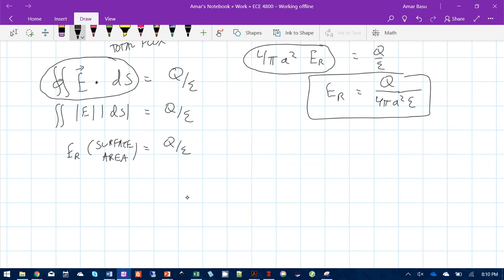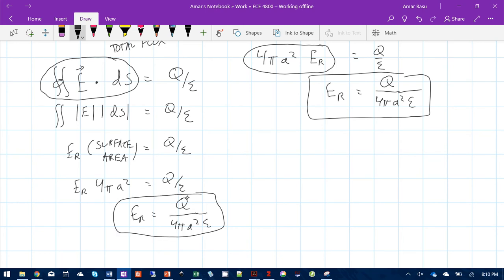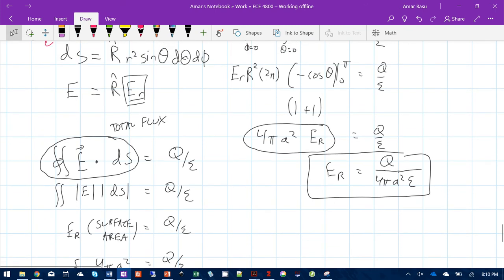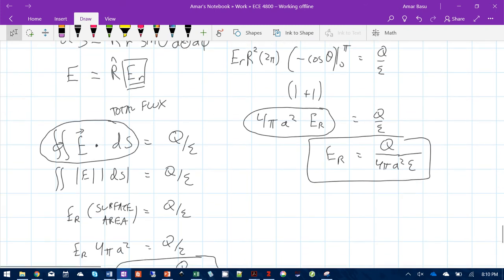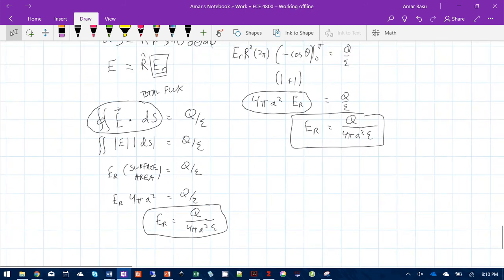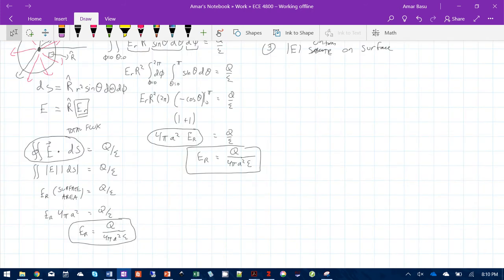This is where we get E sub r 4 pi a squared equals Q over epsilon, and then your electric field is equal to Q over 4 pi a squared epsilon. Same result, just a little bit quicker calculation. Any questions on that?